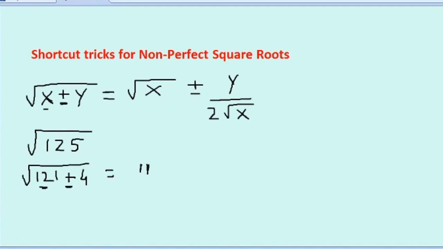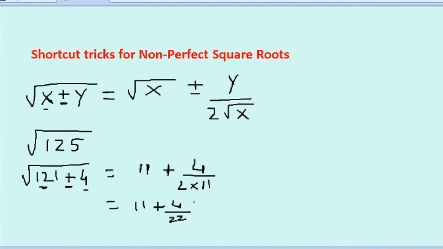Now we have taken plus here, so here also we will take plus. Then the next thing we do is y. We take the value of y as it is. Y is 4, divided by 2 into x. X is 11, so this is 2 into 11. Now we have to solve this further. This becomes 11 plus 4 upon 22.